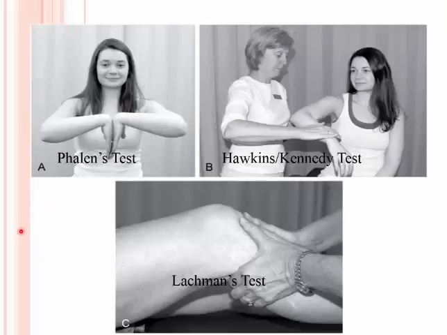In the upper left-hand corner of the slide, you see a picture depicting Phelan's test, right here. Phelan's test is a test to rule in or rule out carpal tunnel syndrome. The patient is asked to hold this position, and if symptoms occur in the wrist and hand in the distribution of symptoms we know are indicative of carpal tunnel syndrome, then the test would be considered positive.